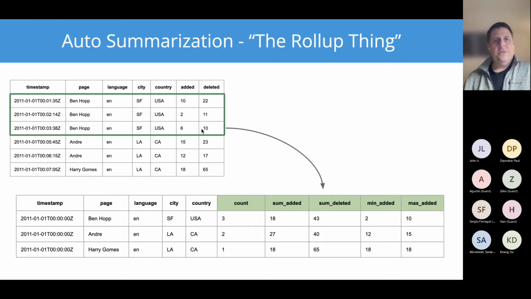So what Druid can do is, as the indexer is bringing the data in, it can roll the data up and auto summarize it.